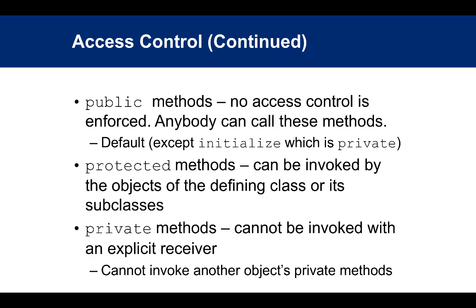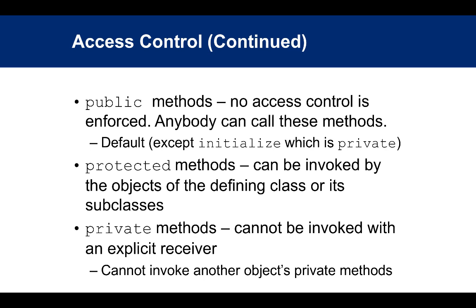Methods in Ruby are public. The exception is the initialize constructor method, which is private. The new method is public, and under the hood new calls initialize, but you cannot call initialize yourself to initialize the class that way.